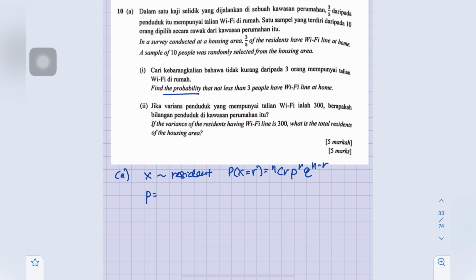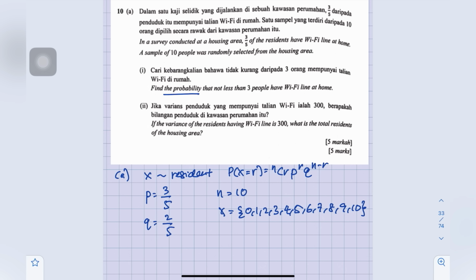Okay, so p is have Wi-Fi, so the probability p is 3/5. Then q is 1 minus p, 2/5. The sample is 10 people, so n equals 10. So X equals 0, 1, 2, 3, 4, 5, 6, 7, 8, 9, 10.